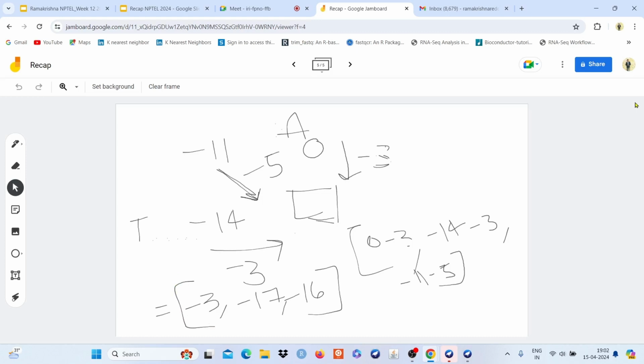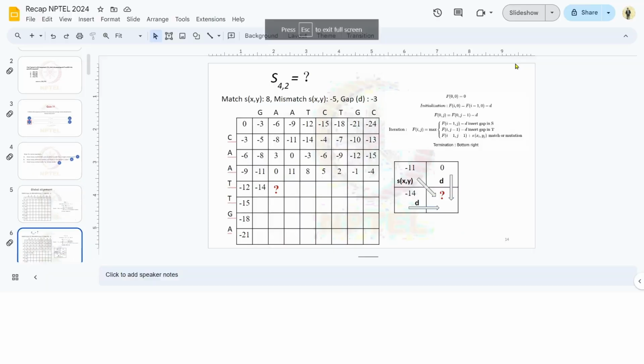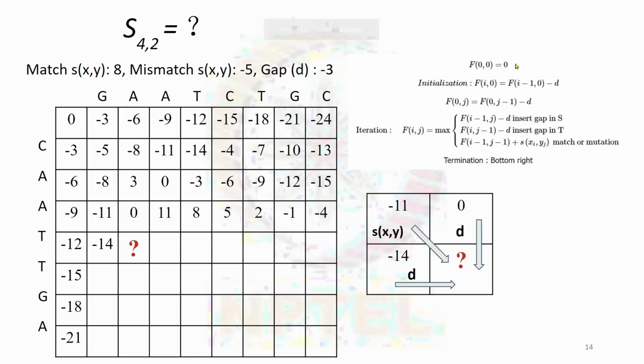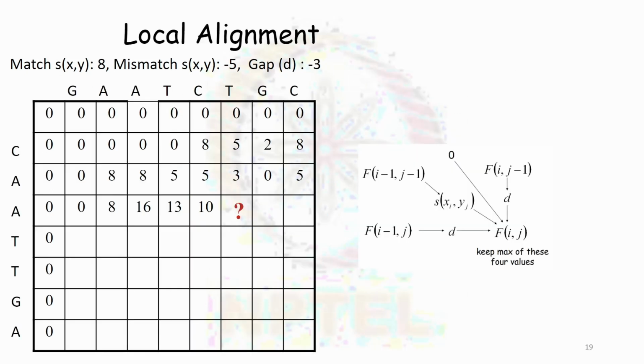So this takes the value of -3. This is how a global alignment matrix has been filled.